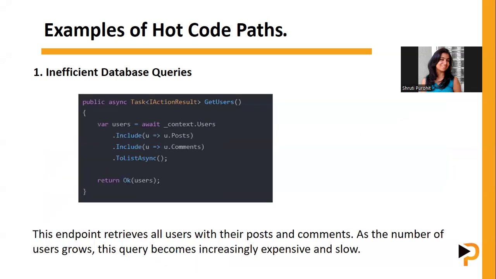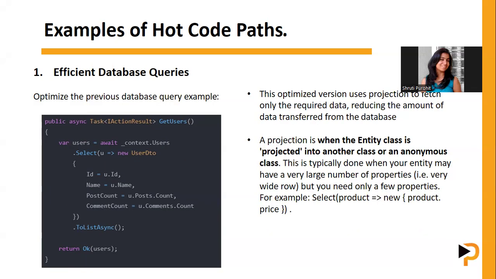In this case, we are fetching everything, and then just taking the posts and comments. Here, by using projection, we mention that I want this and that, create that selected data into one entity, and then create a list of it. So it's a better way.